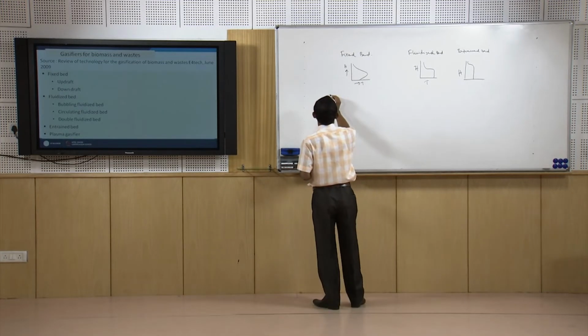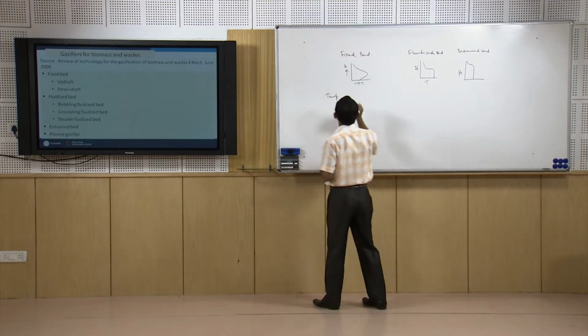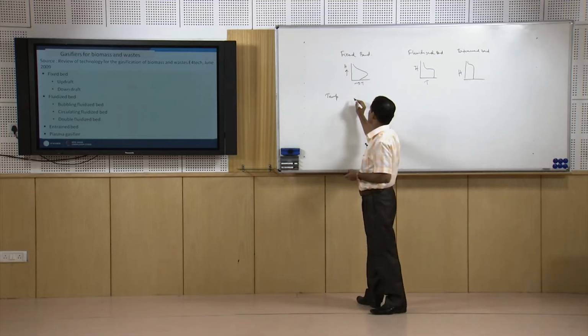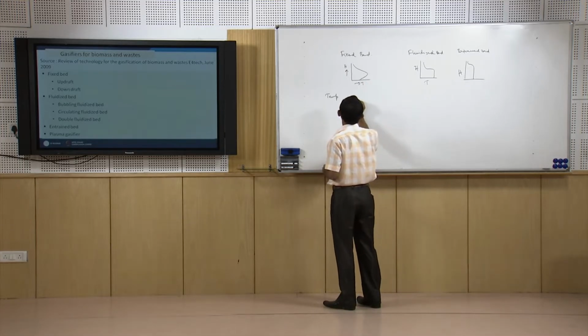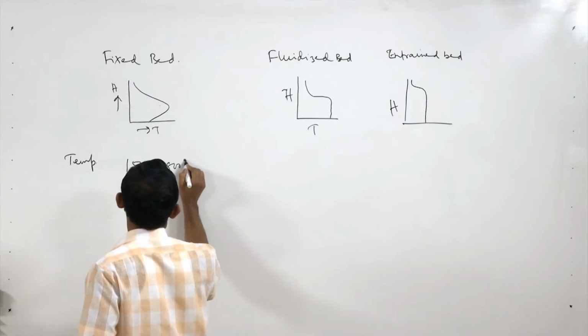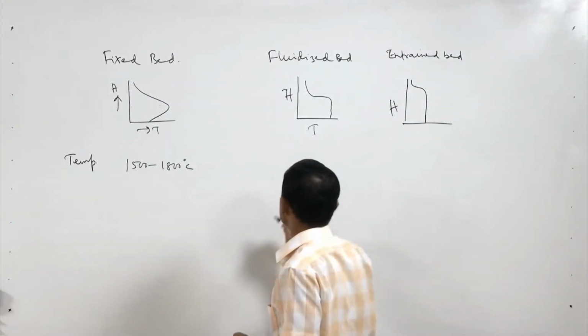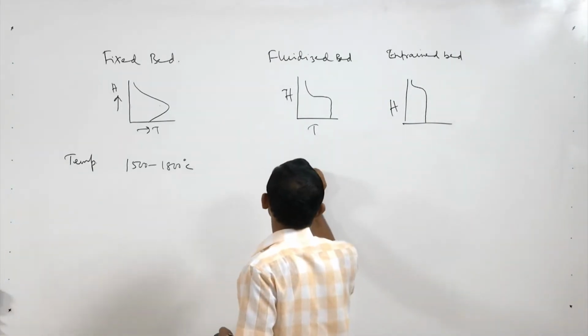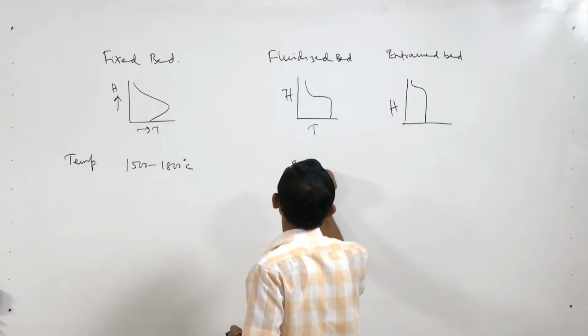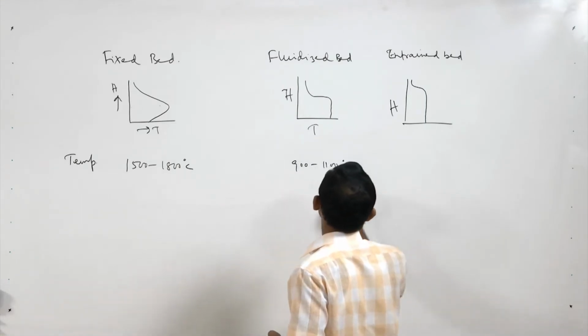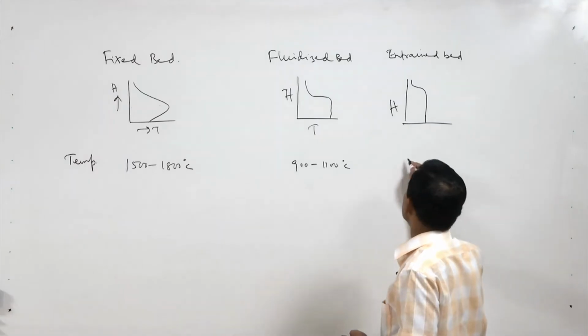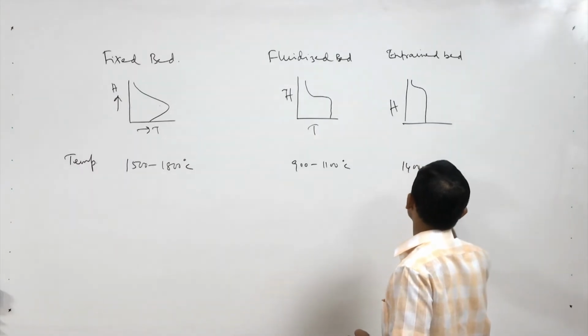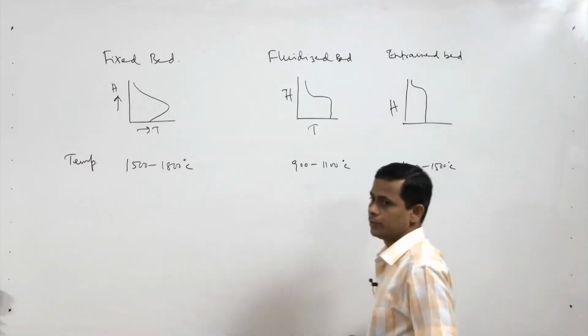Number one, gasifier temperature. For fixed bed, this temperature is very high, around 1500 to 1800 degree centigrade. For fluidized bed, this is let's say 900 to 1100 degree centigrade, and for entrained bed, this is say 1400 to 1500 degree centigrade.